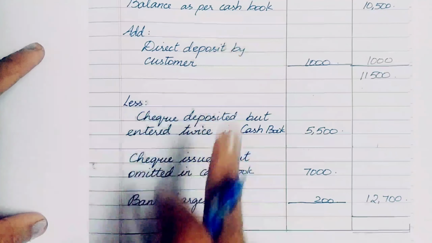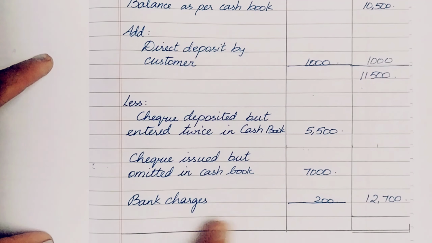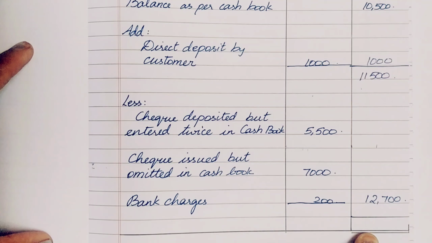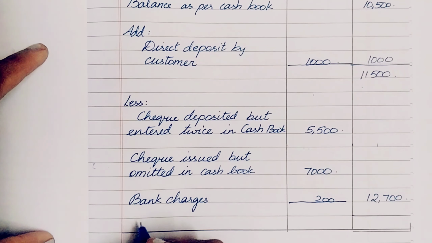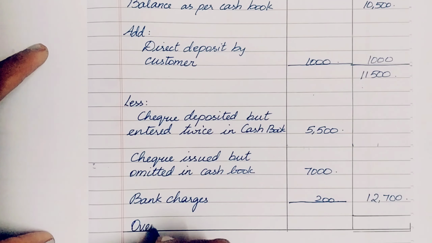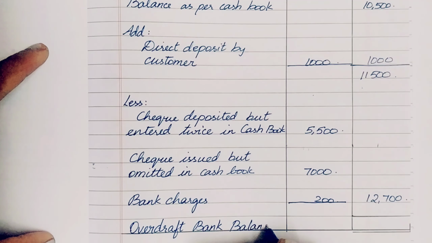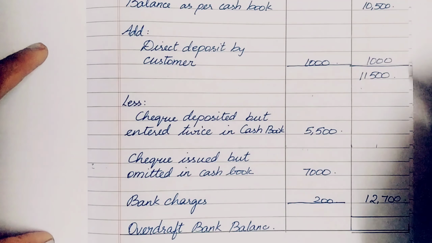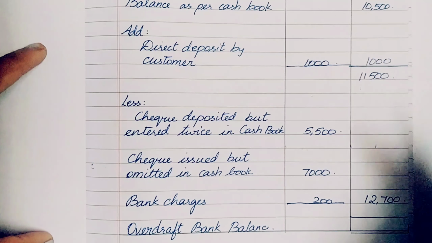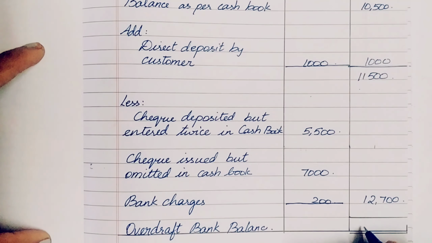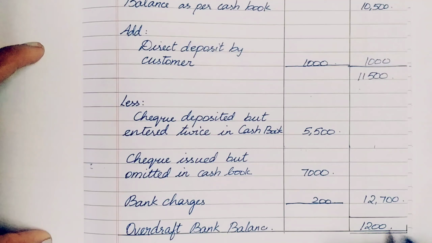When we start with the cash book balance, we will get a passbook balance. But when the answer is a negative value, it is an overdraft balance, that is unfavorable. So it's going to be overdraft bank balance, which is going to be our answer. So 12,700 minus 11,500, the difference is 1,200 rupees, which is an overdraft balance.